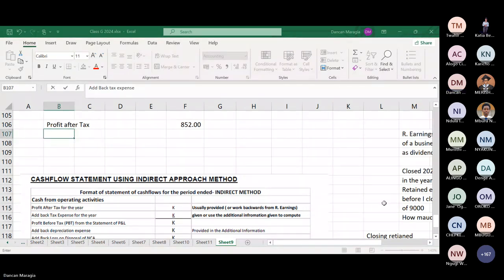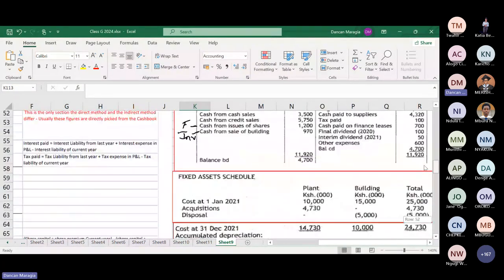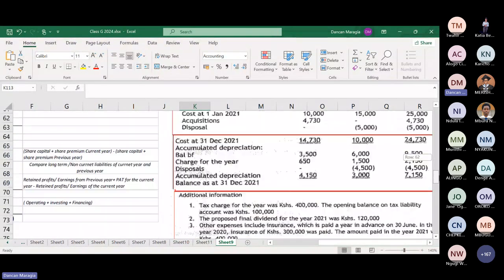So, add back tax expense. Let's try to check how we could get our tax expense here. You have been told tax expense, but what we had in the summarized account was the tax paid, so it cannot help us unless, let's come here.